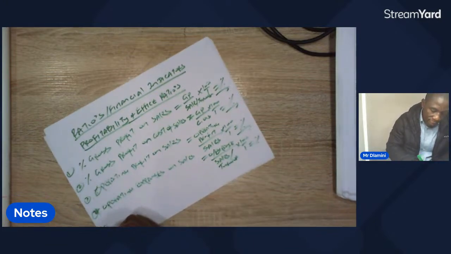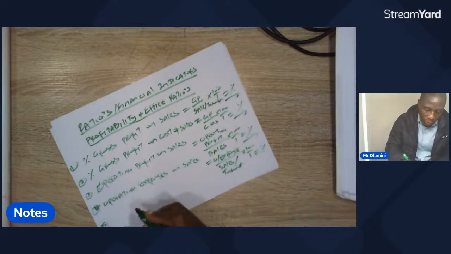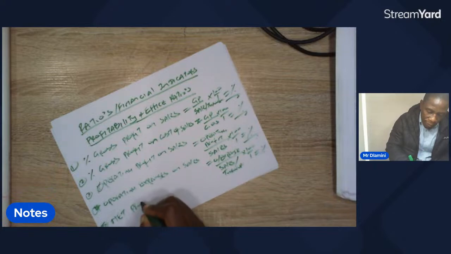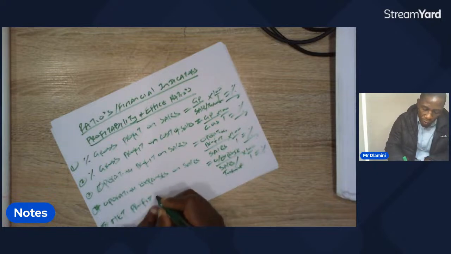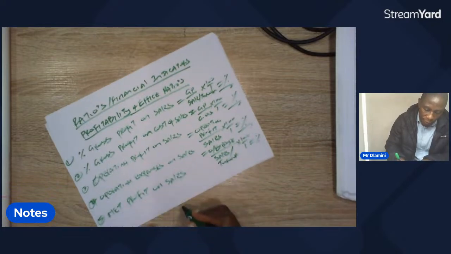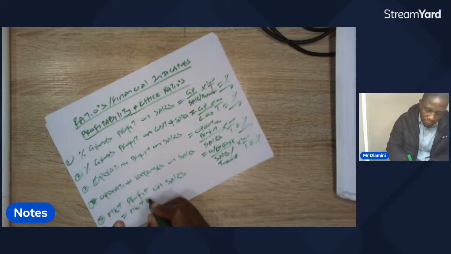Then number 5, the last one under this group is net profit on sales, right? So here you take the figure of the net profit divided by sales or turnover, another name for the sales.